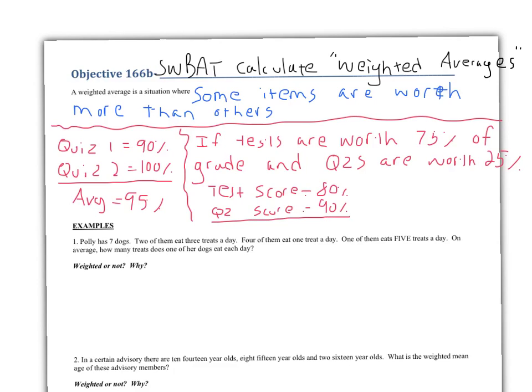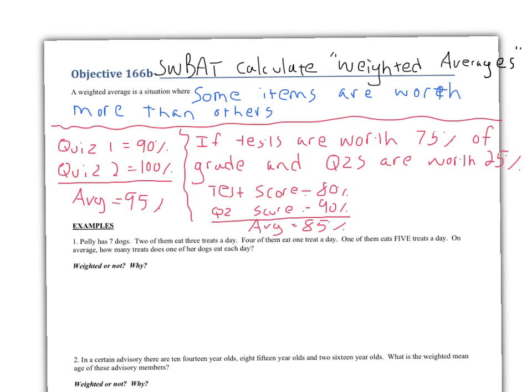Okay. Can we just say that the average would be, if you add those up and divide by 2, can we just say that the average is 85%? Think about that. The answer is no, we can't.